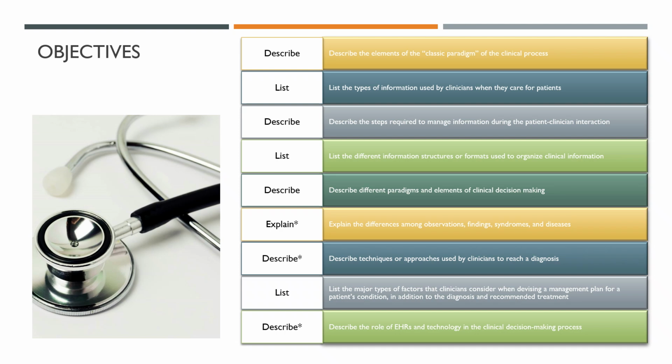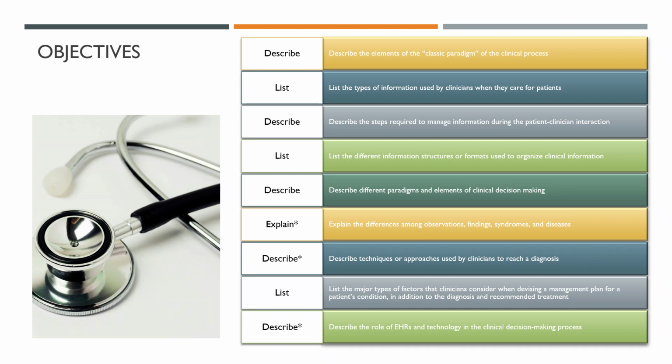For clinical engineers, this means recognizing that devices and technologies don't operate in isolation. They are part of a care plan shaped by multiple variables. A technology that is too complex, costly, or poorly integrated can limit a clinician's ability to create effective management plans.